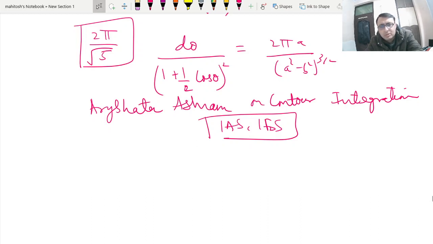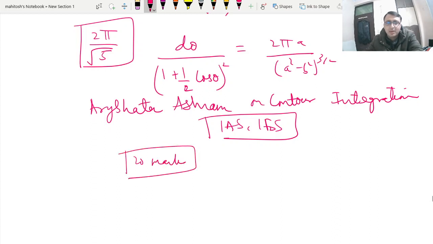Any value addition regarding this contour integration: this was asked for 20 marks. So if you draw the diagrams, if you show the unit circle, if you write each and every step, because this question was of 20 marks, you can write elaborate steps. And this year they have asked very simple questions from complex analysis. They do it invariably every year, but they can give you some questions which keep you off guard.